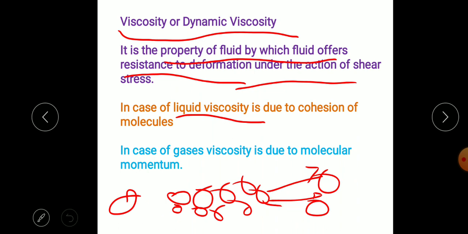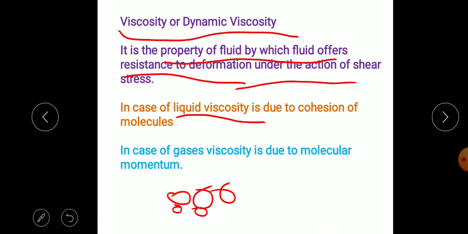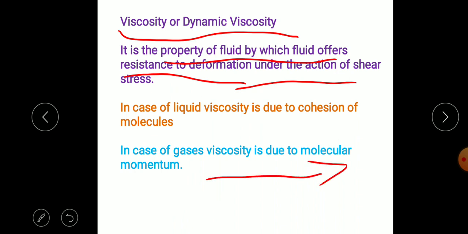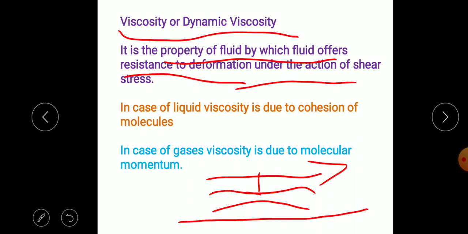Suppose one layer of the fluid is moving with a higher velocity relative to the adjacent layer; there is an attractive force. Suppose the bottom layer of fluid is stationary and the top layer is moving with a high velocity.